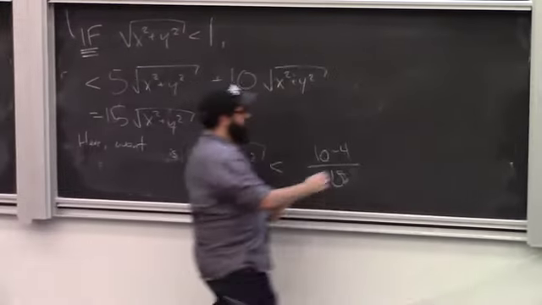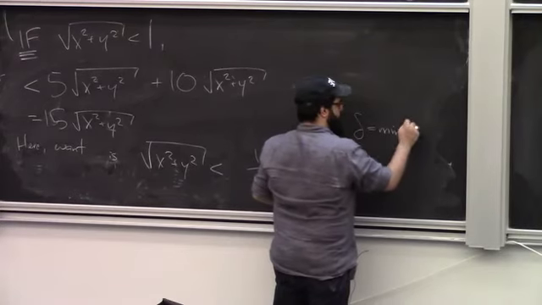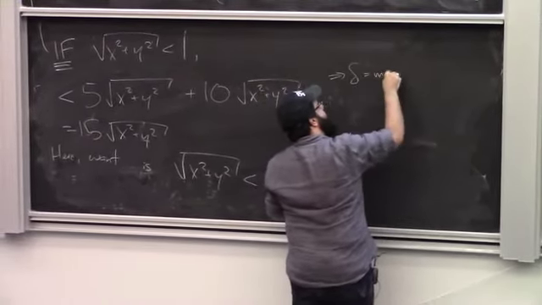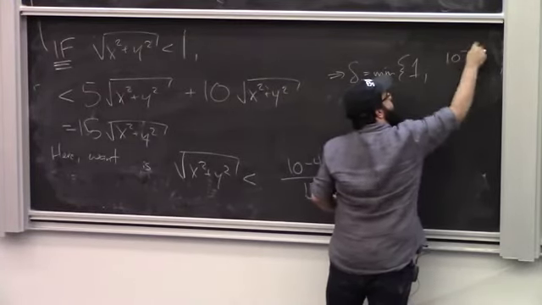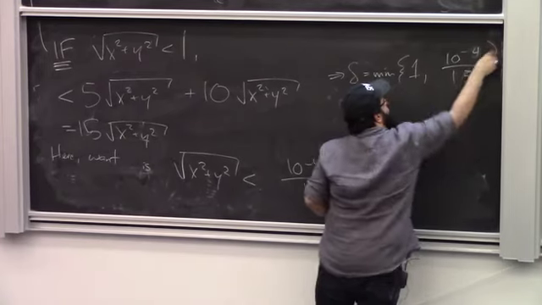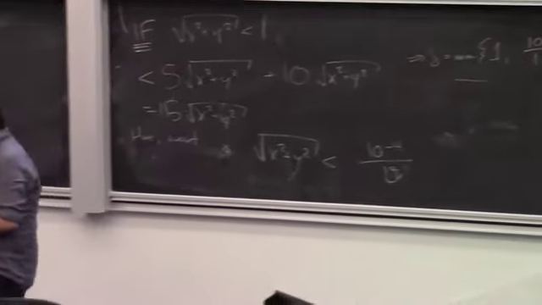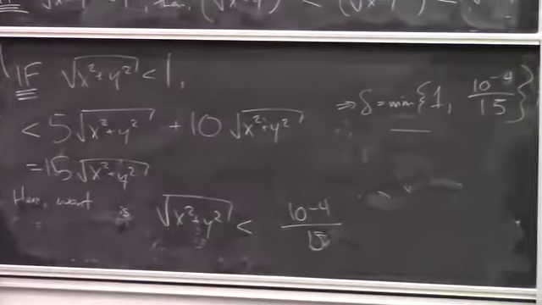So ultimately, the delta that will work is the minimum of 1 and that. That's what you choose. It's possible there are other routes through this, but I think that's the simplest one.